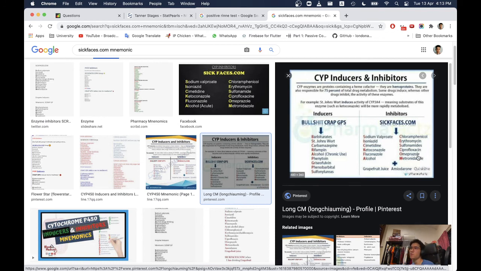Okay, so sulfonylureas. What is metformin? Metformin is a biguanide, right? Sulfonylurea is an example, I think.